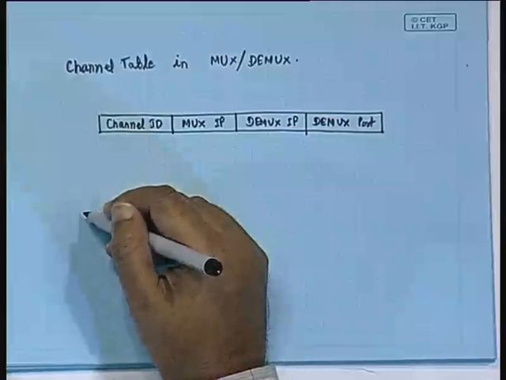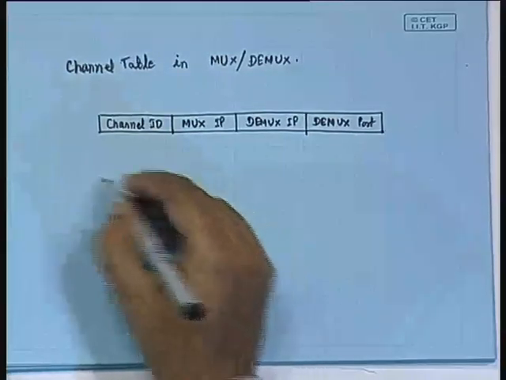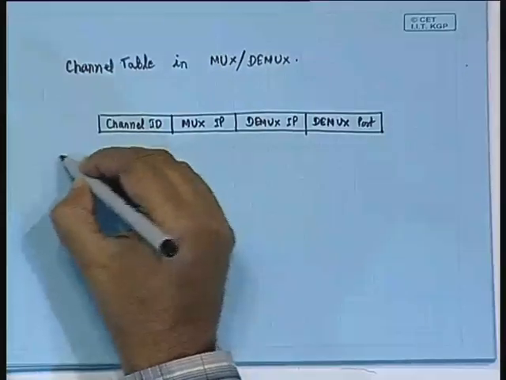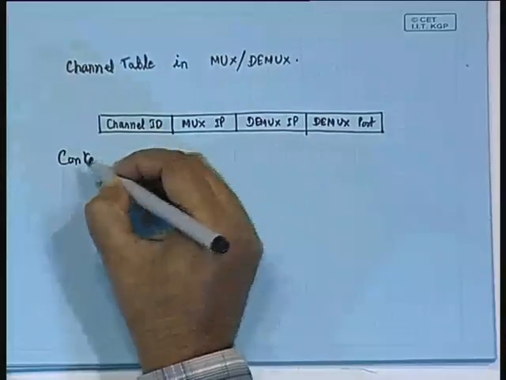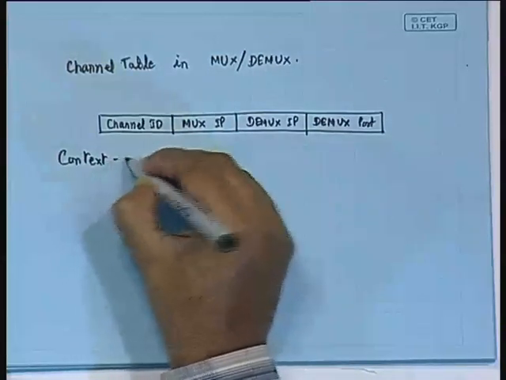Then other than the channel table, for a particular channel ID, there will be what is called a context mapping table. So, the context mapping table for a particular channel ID in the mux would be like this.